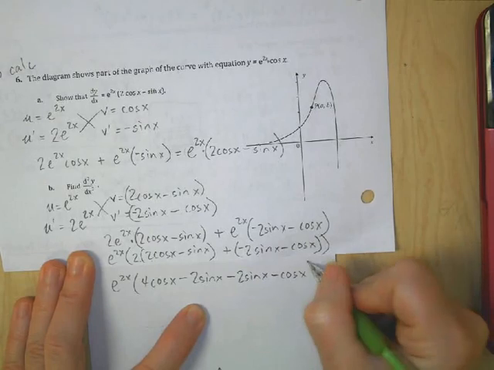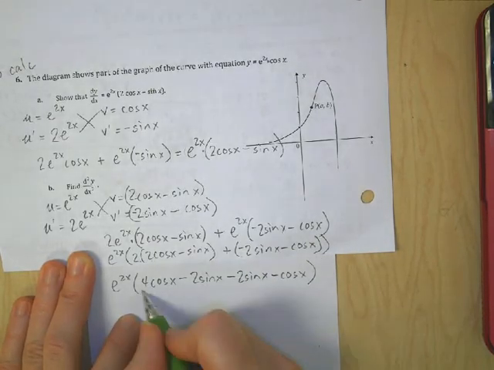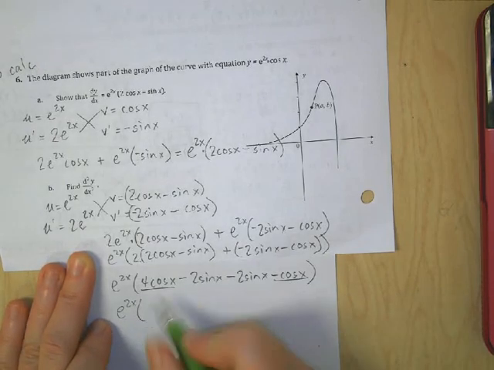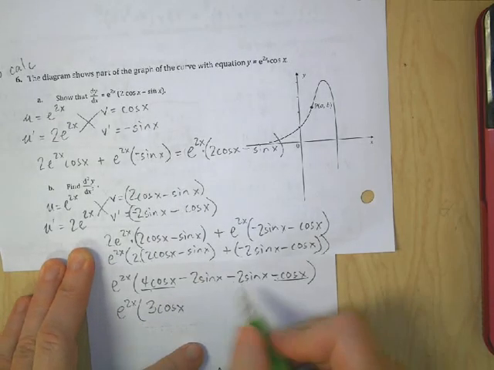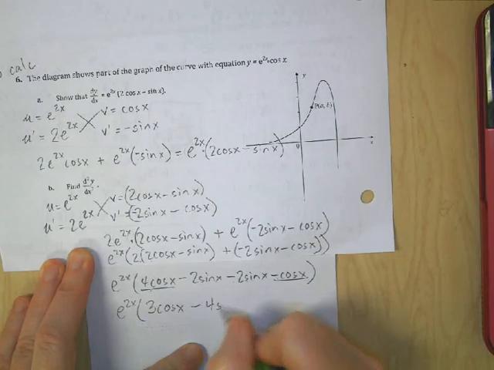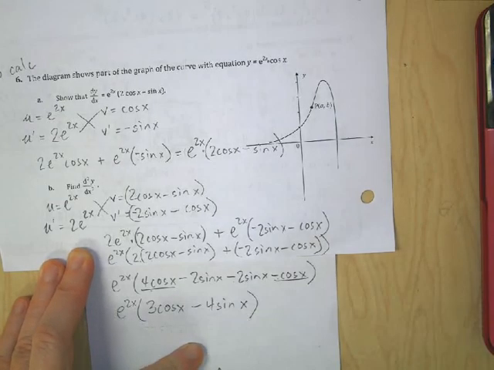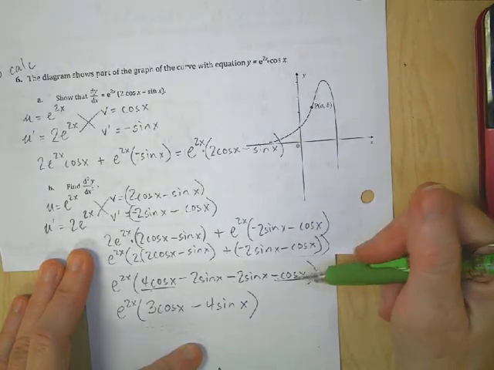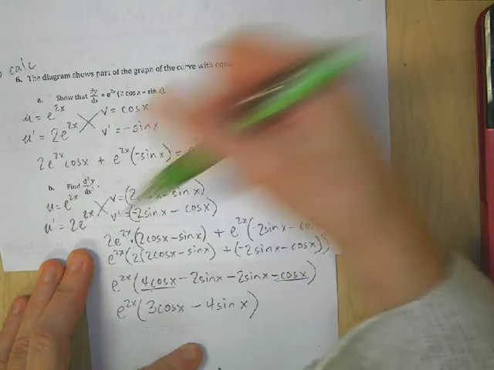Okay, so I dropped my parentheses on that one. Now, do I have like terms? Yes, I do. I have that one and that one. So I have e to the 2x. 4 minus 1 is 3. And negative 2 sine x minus 2 sine x is negative 4 sine x. And I think that should do it. Let me see if I made any errors here. That looks okay.